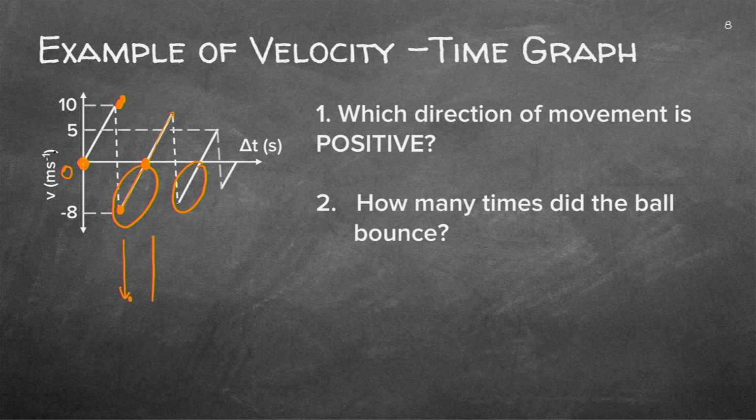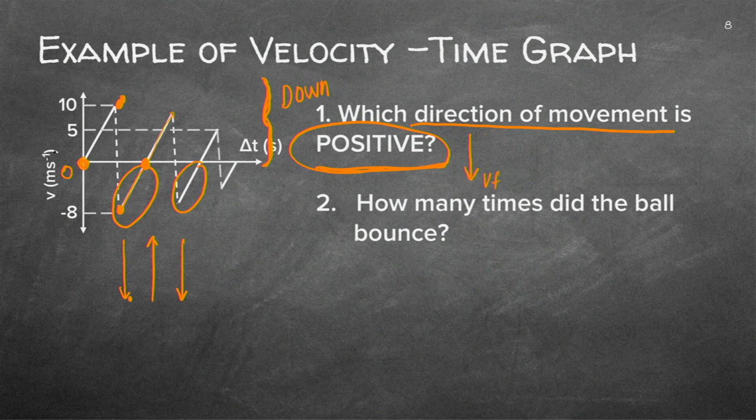That would be up and that would be down. Let's have a look at the question. Which direction of the movement is the positive? So what they're asking me is, what is represented by the positive part of this graph? And the answer is the downward part is the positive side. So have a look at that because it's accelerating to become a final velocity.